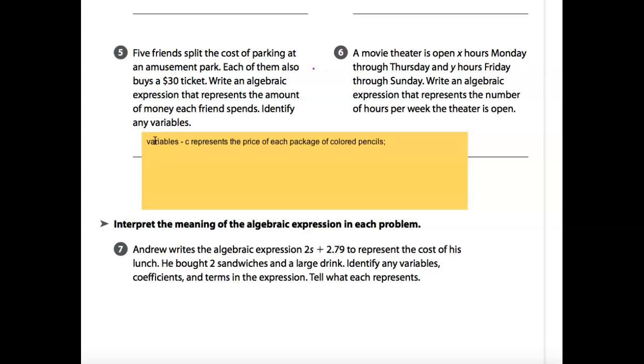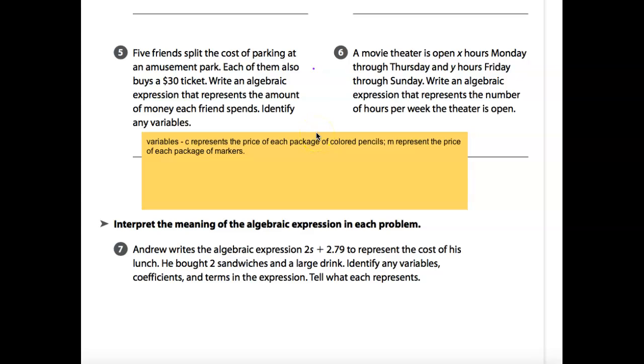All right, we have another variable, M. M represents the price of each package of markers. So that makes sense, right? C is for colored pencils, M is for markers. So those are your variables.